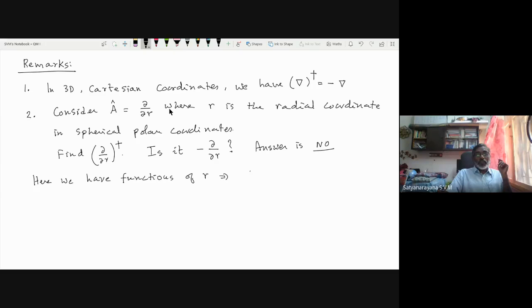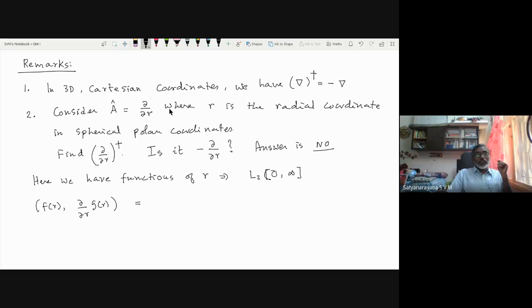That means we must talk about L2 of 0 to infinity, not the full R. These are the functions that we are interested in. So let's say you have two functions, f of r and dou by dou r of g of r.